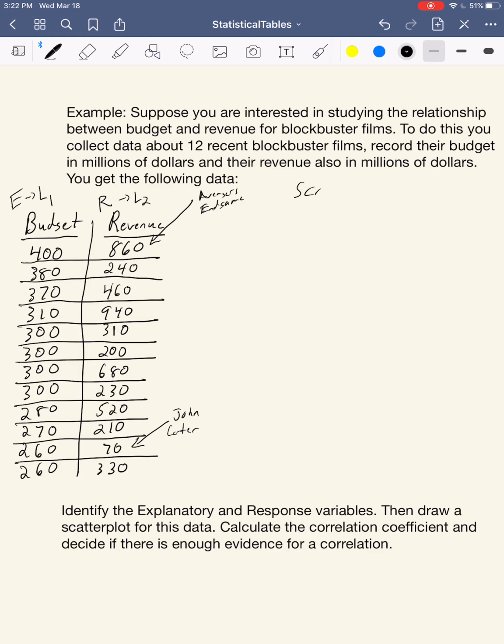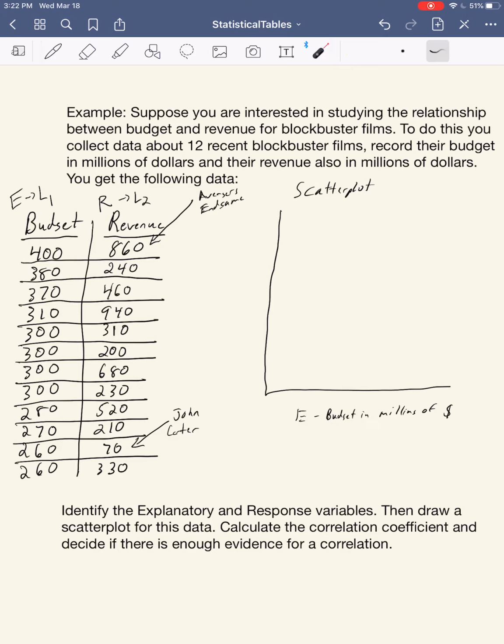So for the scatter plot here, remember what we're going to need is just a nice quarter of a coordinate axis. Remember that the explanatory, which is going to be your budget in millions of dollars, is going to go down here. Let's take a quick look at the budgets. Looks like the largest budget we had was 400, and the smallest budget was 260 million.